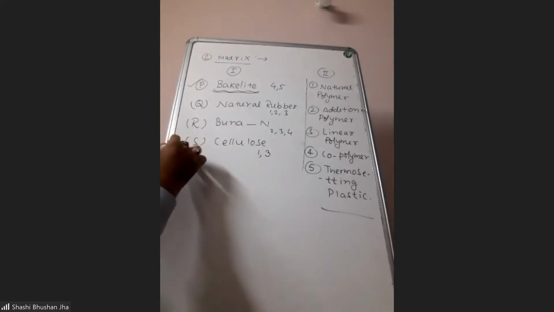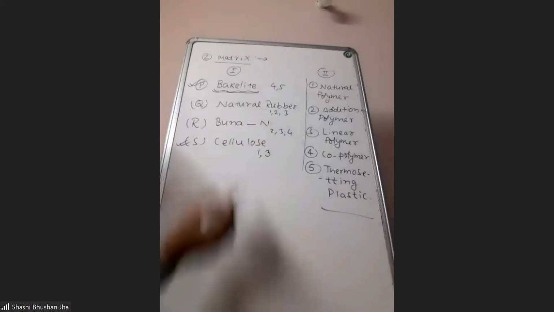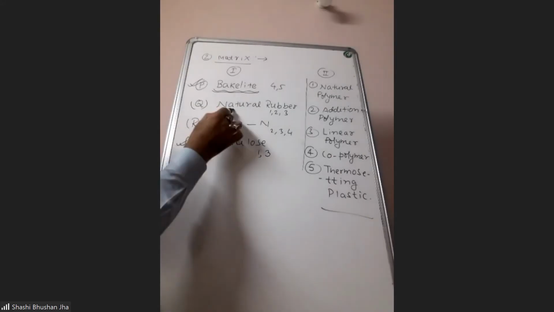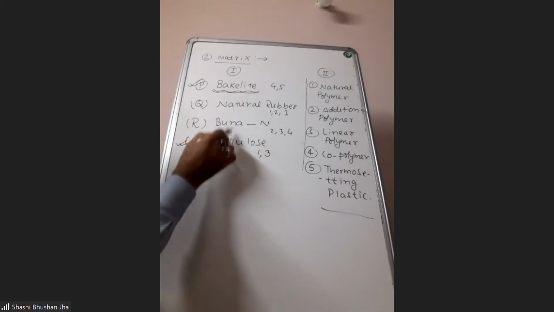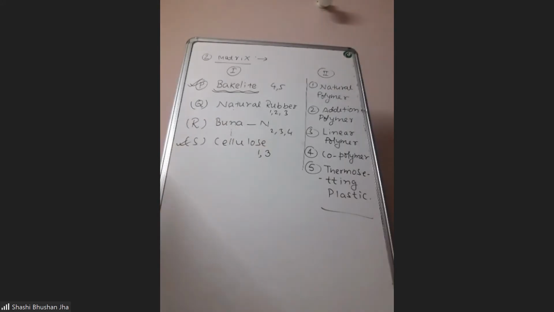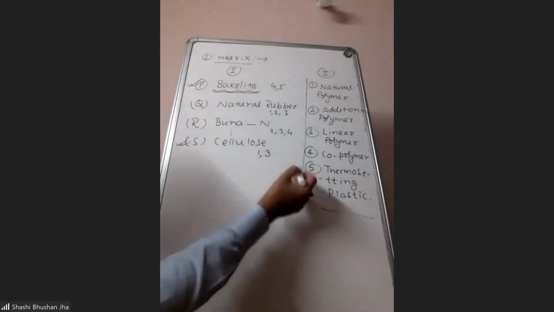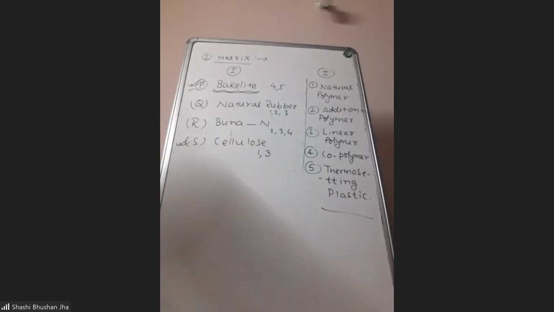Bakelite and cellulose, these two are condensation polymers, but natural rubber and Buna-N, these two are addition polymers. Thermosetting polymer is only bakelite. That is the only thermosetting polymer here. After that, you have got the remaining all.